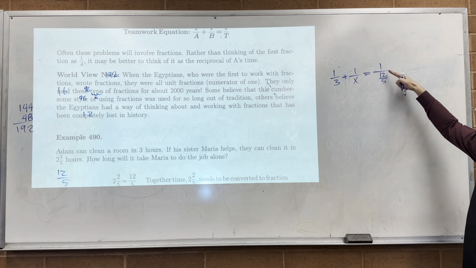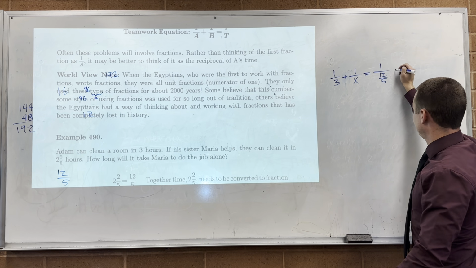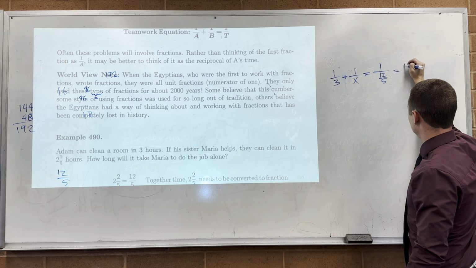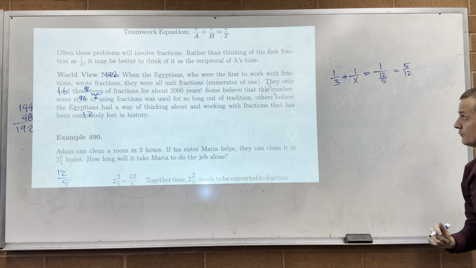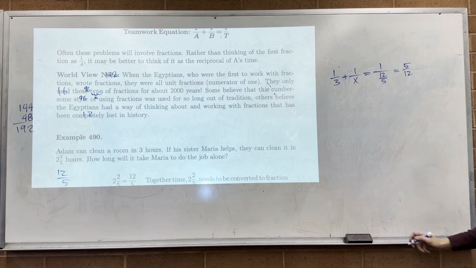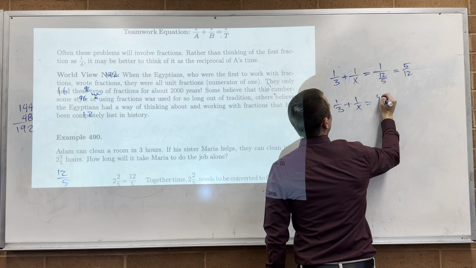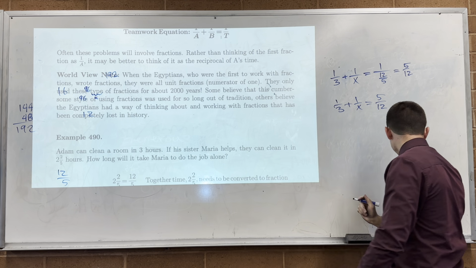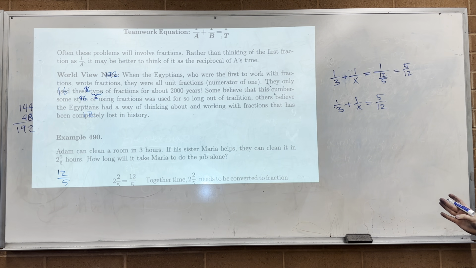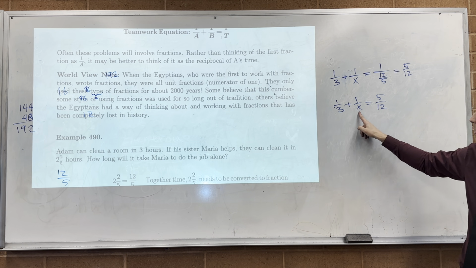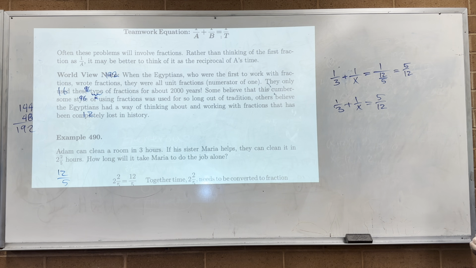So first off, 1 over 12/5, that's the same thing as just the reciprocal, 5/12. So I've got 1/3 plus 1 over x is equal to 5/12. I want to get rid of the denominator, so I need to multiply by the least common multiple of all these numbers.